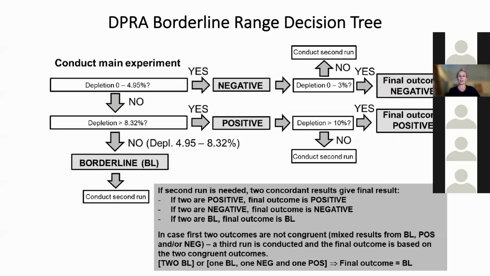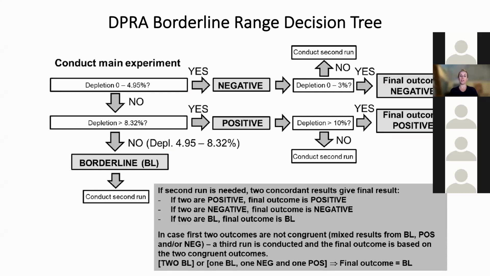So what do the borderline ranges look like? This is from Annex 1 to Guideline 497. This is a flowchart of the direct peptide reactivity assay prediction model. So this is looking at the mean depletion between cysteine and lysine, and this is taking into account borderline ranges and multiple runs to conclude on borderline results within the 2 out of 3 defined approach.